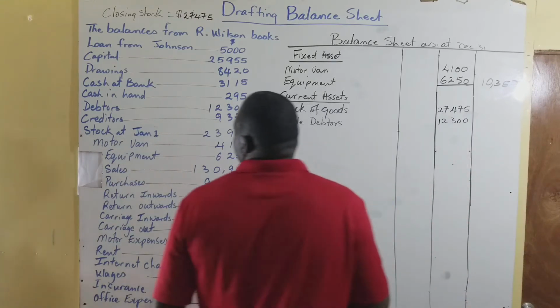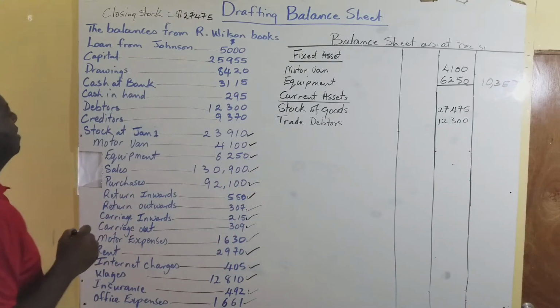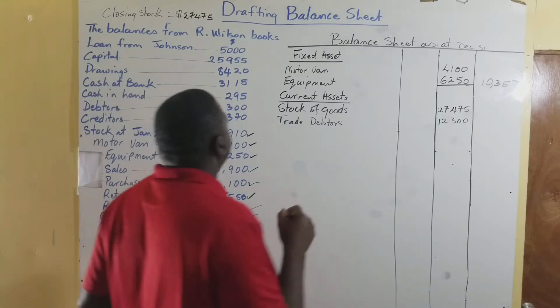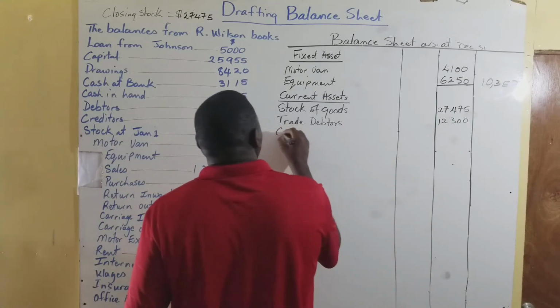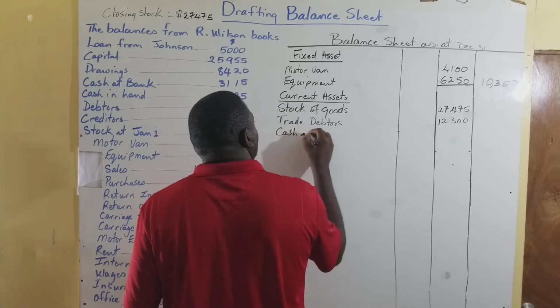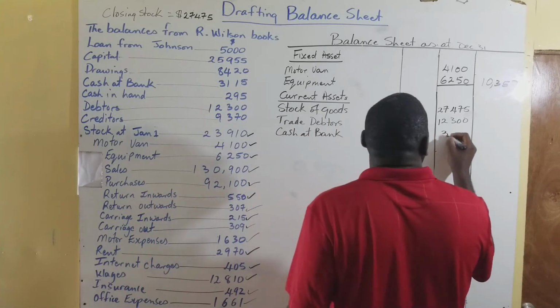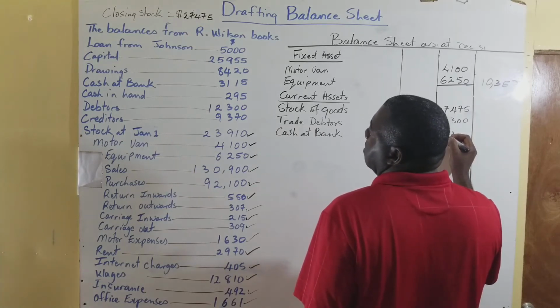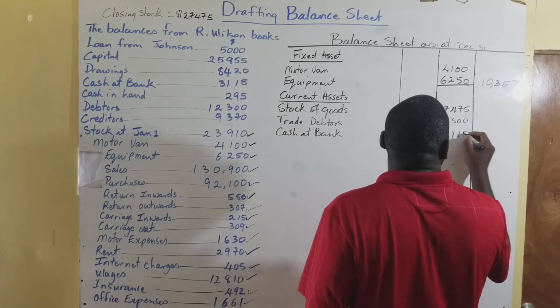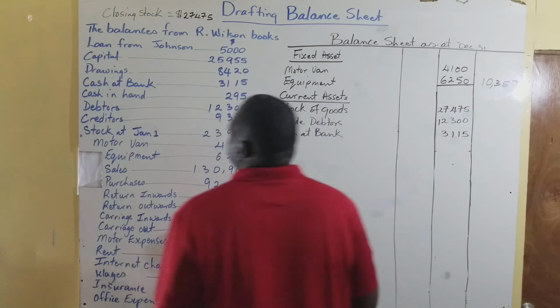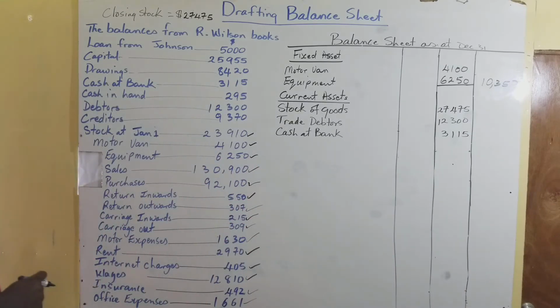We have some cash at the bank, and that is 31.50. What else do we have in relation to expenses?